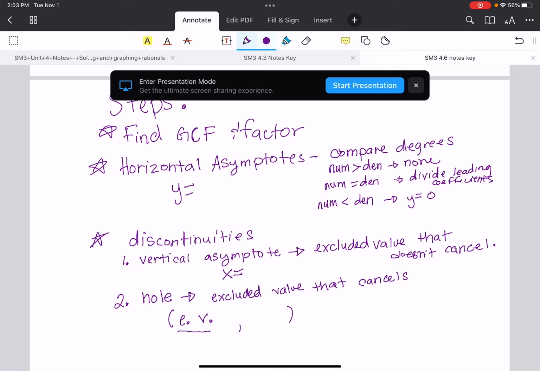The excluded value is your x. Your y, you find it by plugging the excluded value that canceled into the simplified equation.